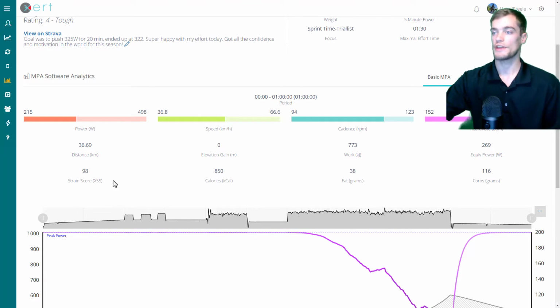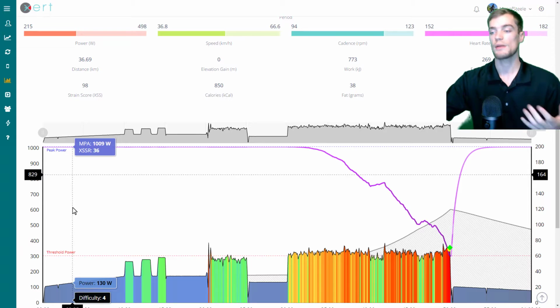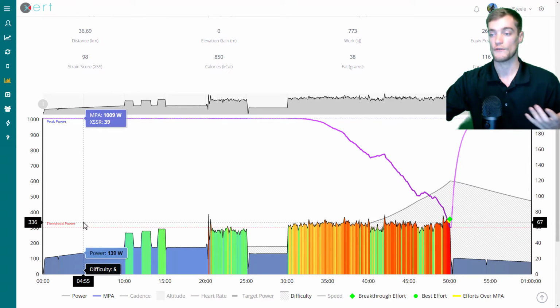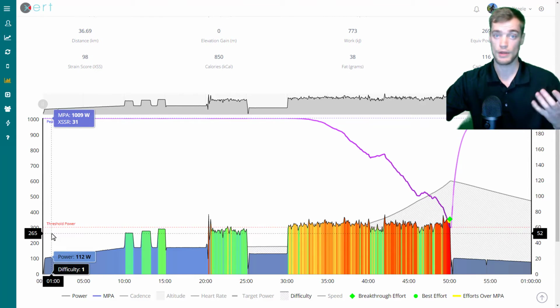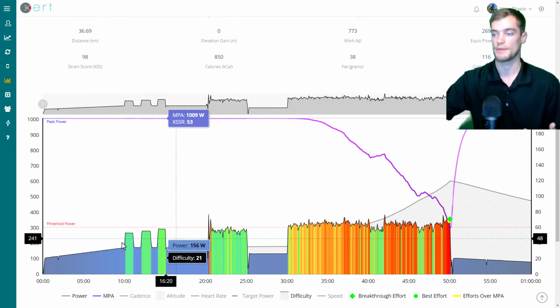I'll first point out that you can find the strain score for a particular activity in the bottom left corner of the MPA software analytics. And if you remember from our first video, these numbers will be recalculated over various selections of the activity. So what I'm going to do first is compare the first 5 minutes of the activity, where I'm just hopping on the bike and warming up, to the 5-minute high-intensity warm-up before the 20-minute effort.